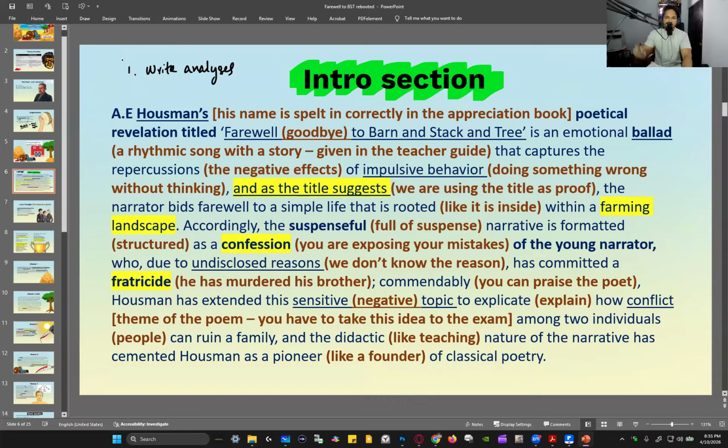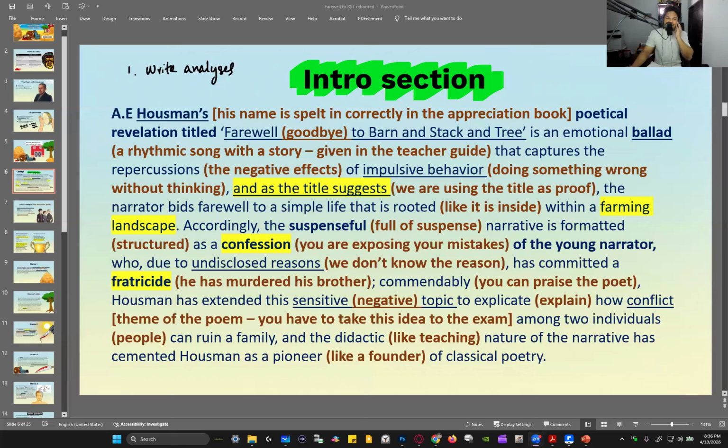You can use this intro section to write analyses, by the way. That means in the exam, if they give you an analysis for Farewell to Barn and Stack and Tree, you can use this intro section.